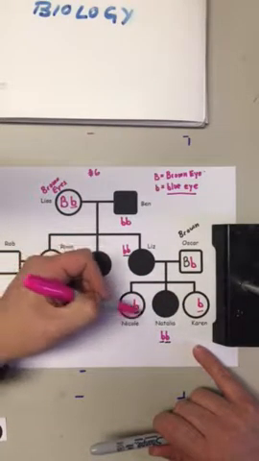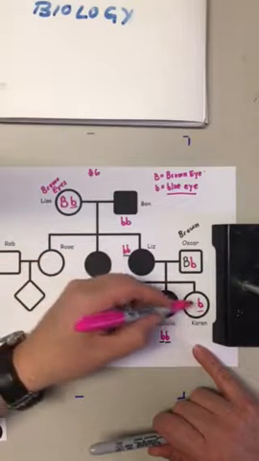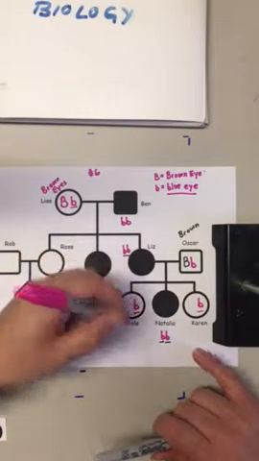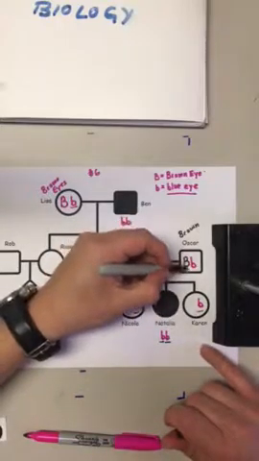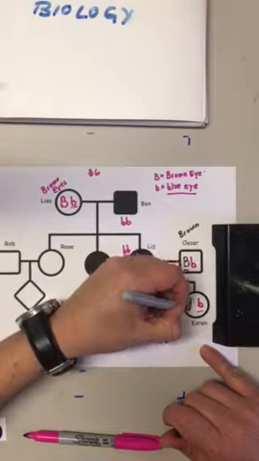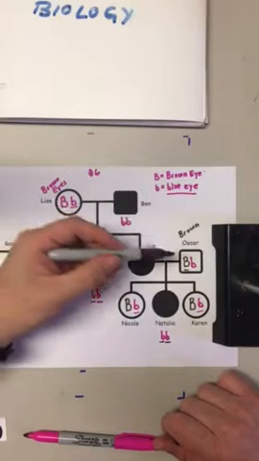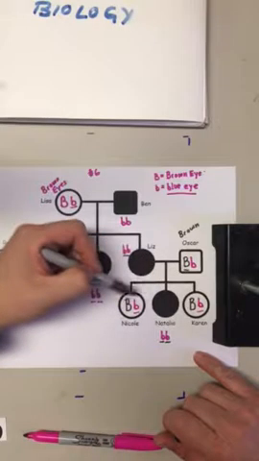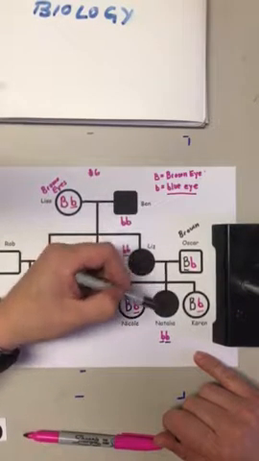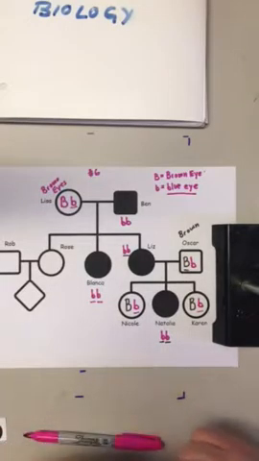But we also know that they have brown eyes because they're not black circles. So we must assume that dad passed on the dominant version of his gene. Does that make sense? So in this example, dad gave the big B, but in Natalia, dad passed on the little b.